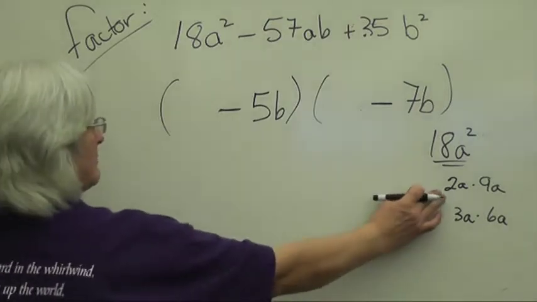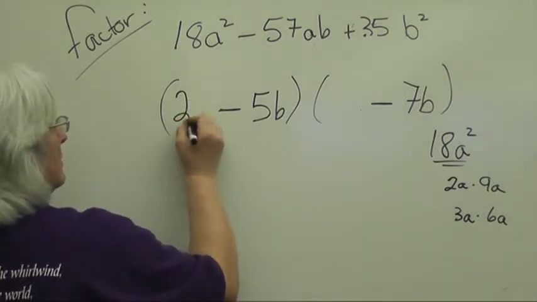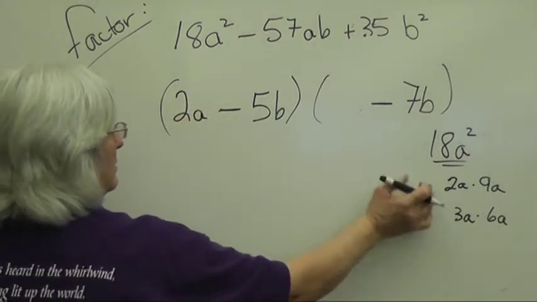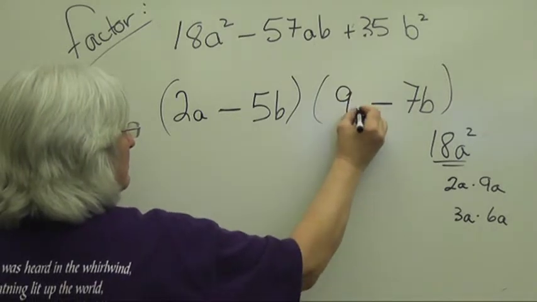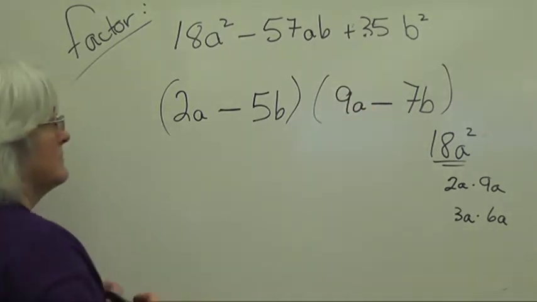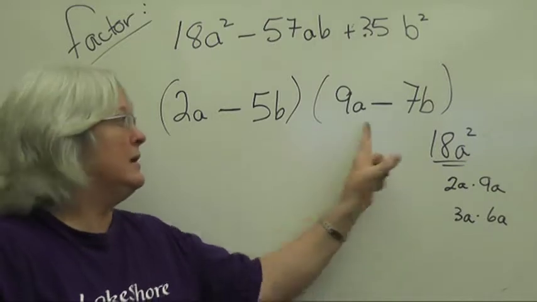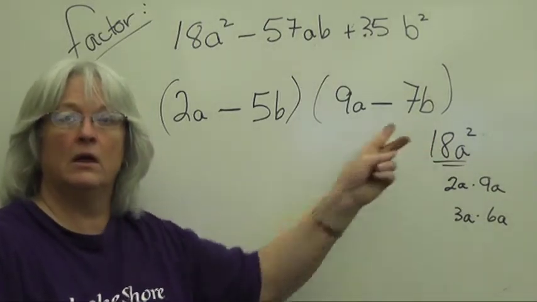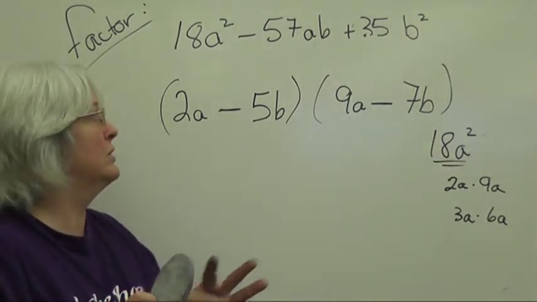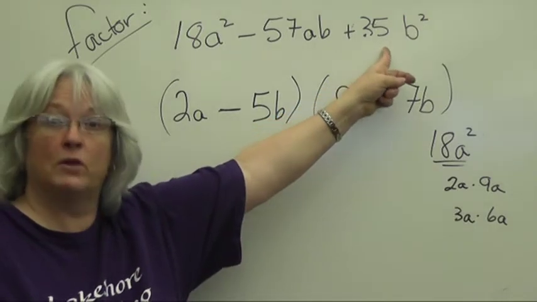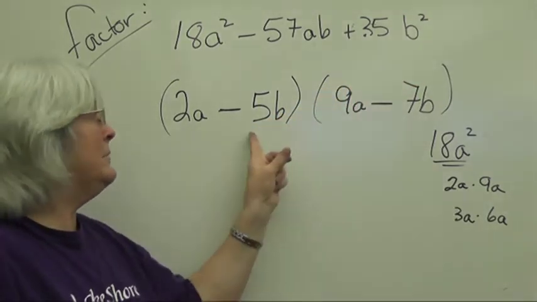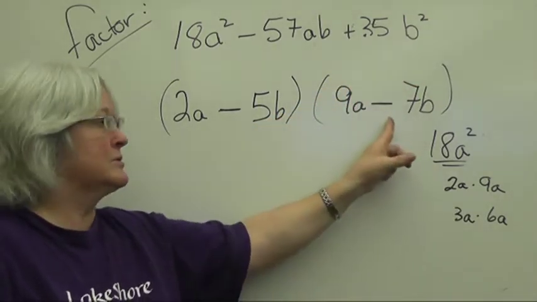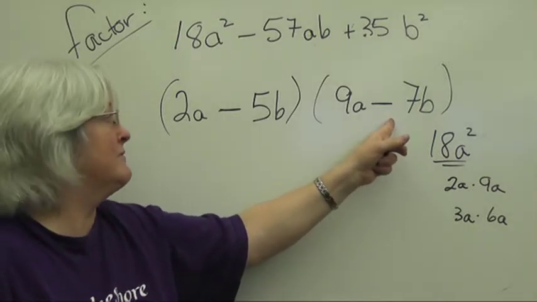So let's try first with 2a and 9a. This negative 5b and negative 7b, the only other two factors that you could have that would be a positive 35b squared would be a negative b times a positive 35b.